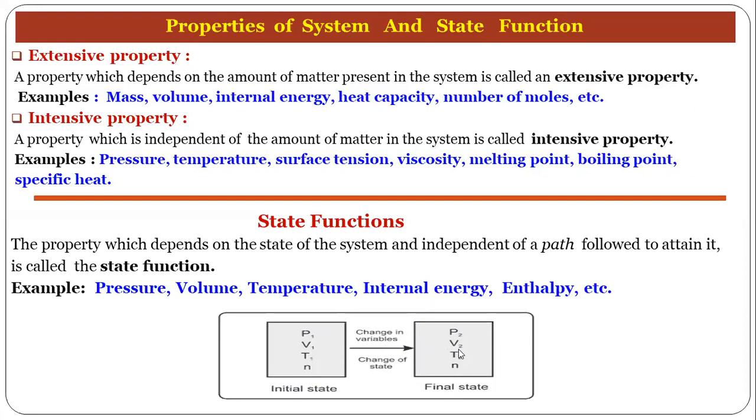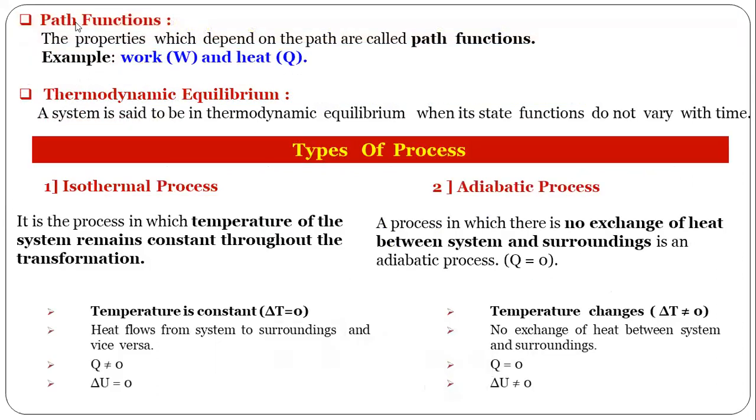It becomes P2, volume is V2, and temperature is T2, but the number of moles remains the same. So the number of moles is not a state function, but pressure, volume, temperature, internal energy, enthalpy are state functions which depend upon the state of the system. And there are other functions called path functions, which depend upon the path of the system. There are two path functions, work and heat.